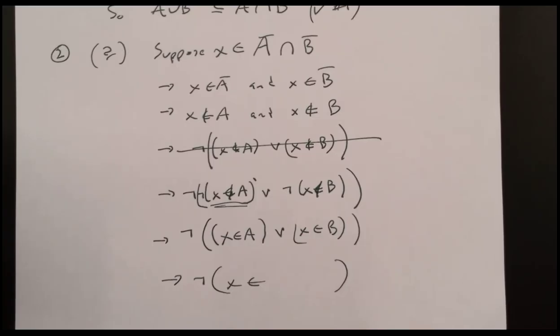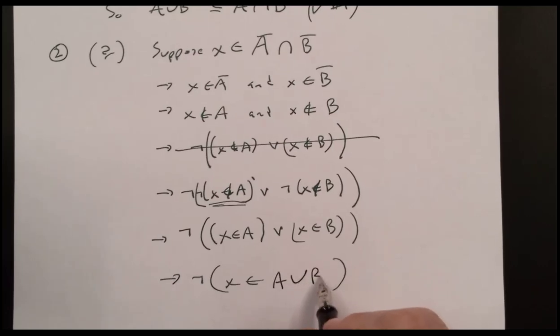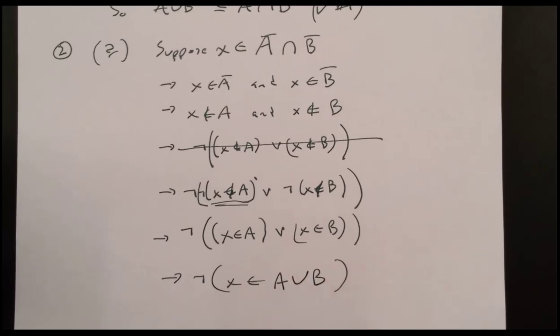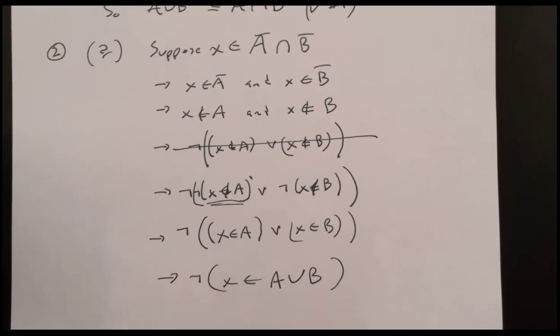Or in set terms is that union symbol. But if you're not in a particular set, you must be in its outside. You can't be inside the set. What's the outside called? Starts with a C. The complement.